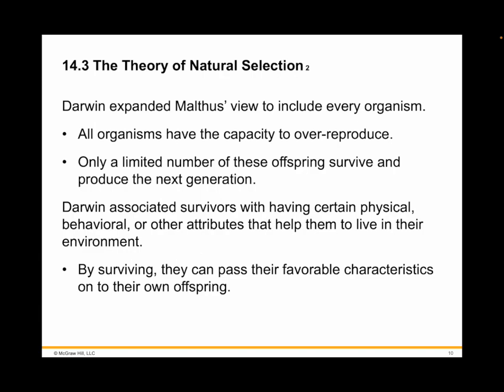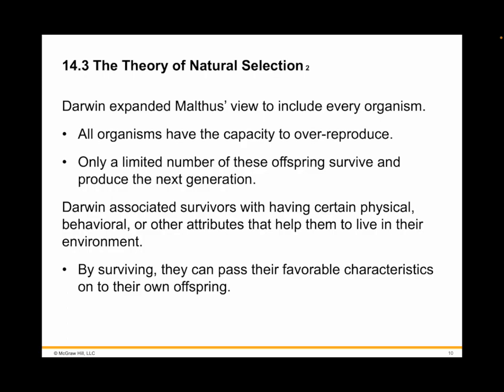Darwin combined his observation with what he had seen on the voyage of the HMS Beagle, as well as with his own experiences in breeding domestic animals, and made an important association. Those individuals that possess physical, behavioral, or other attributes that help them live in the environment are more likely to survive than those that do not have these characteristics.